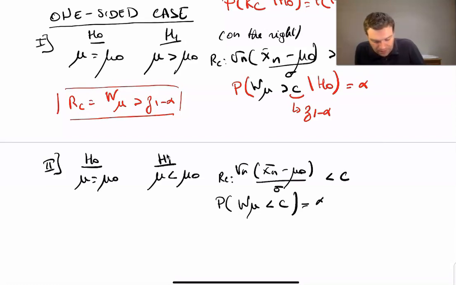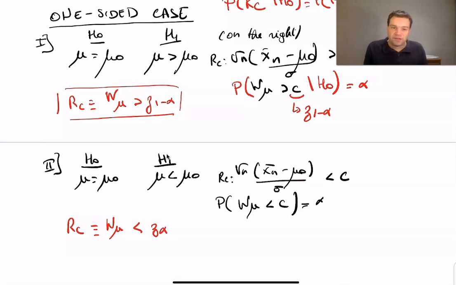Thus, what is c? We can clearly rewrite it immediately here. The rejection region is W mu strictly smaller than z alpha, and z alpha is minus z 1 minus alpha, because of the symmetry of the normal distribution. The quantile of order alpha for a normal distribution is minus the quantile of order 1 minus alpha for the same normal distribution.